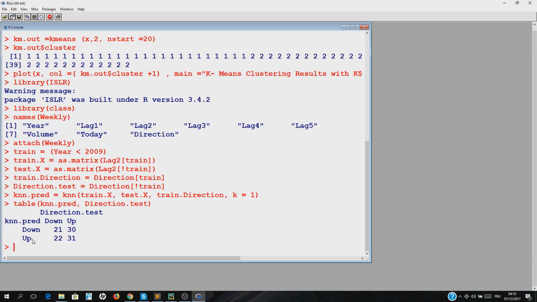And then 22 times our model was right when it said up, and 31 times it was wrong.